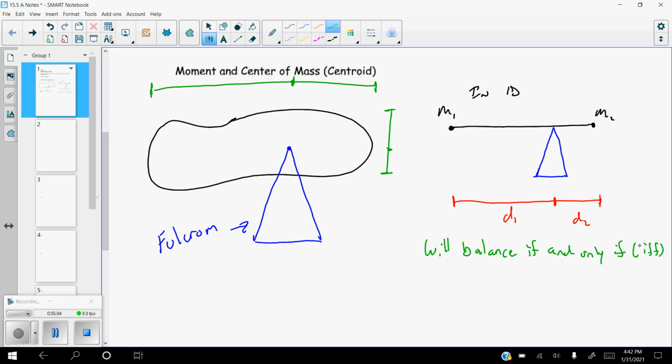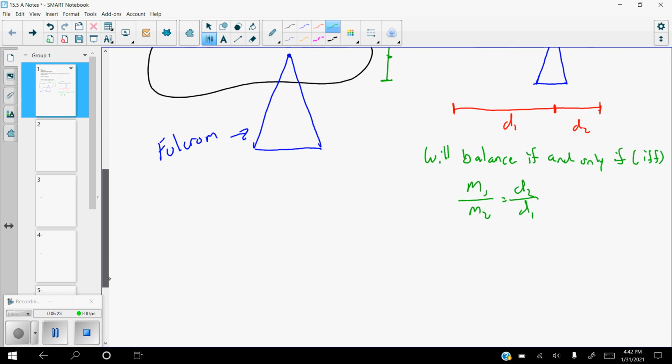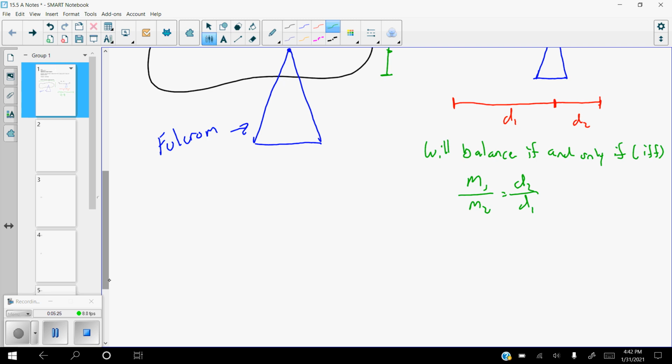That's a short term for if and only if. Mass 1 divided by mass 2 is equivalent to distance 2 divided by distance 1. So the ratio of the masses is inversely proportional to the ratio of the distances.